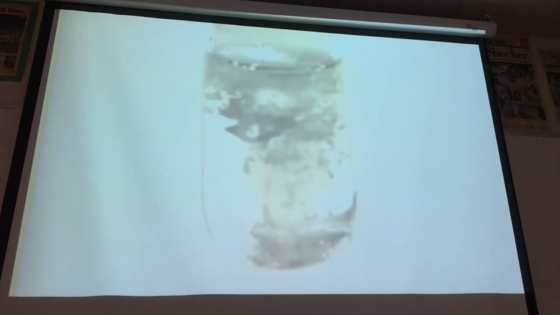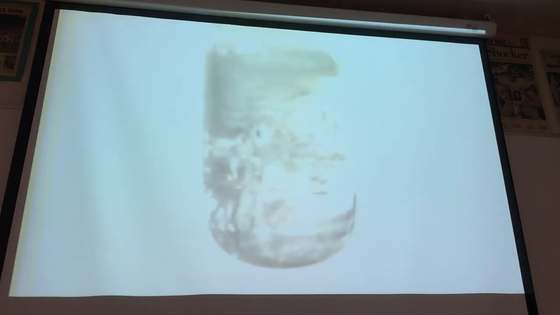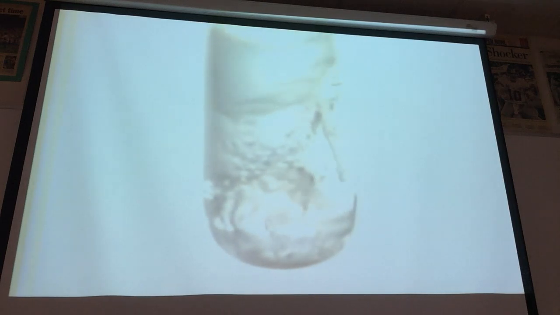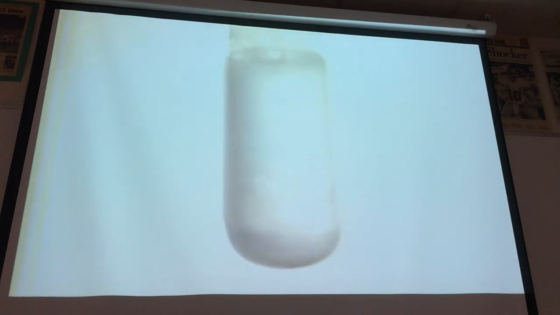We observe a white precipitate of silver chloride. This heavy precipitate thickens and falls to the bottom of the test tube as more aqueous sodium chloride is added to the silver nitrate solution. This is a white precipitate of silver chloride.